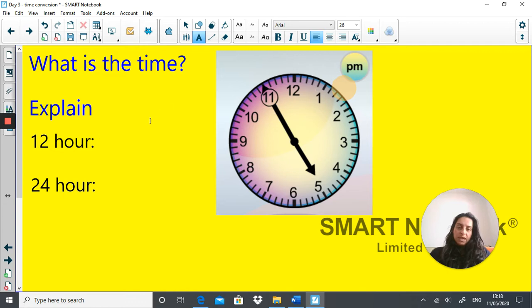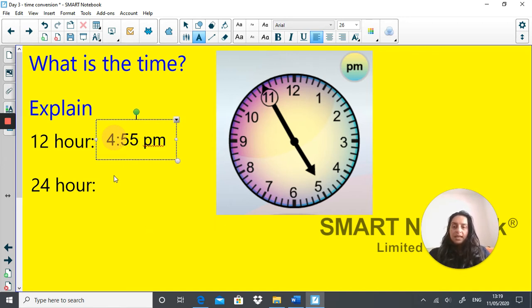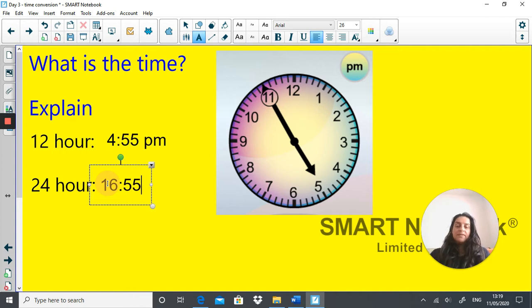So PM, it will be 4:55 PM. And in the 24-hour clock, it would be 16:55. Remember what I said to you, if you're feeling a bit stuck or you can't remember how to convert a time, then go back to that page with a chart to help you.